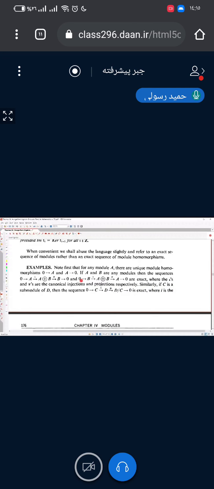These are examples of exact sequences where the L's and P's are the canonical injections and projections respectively.